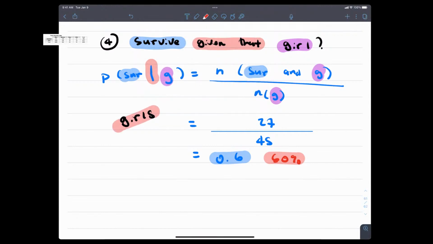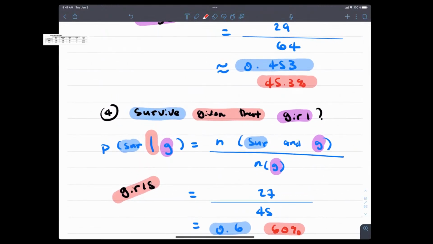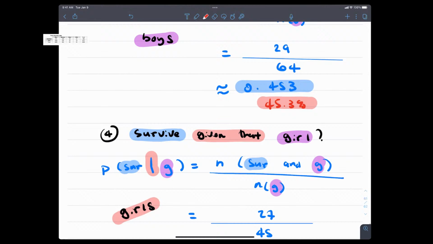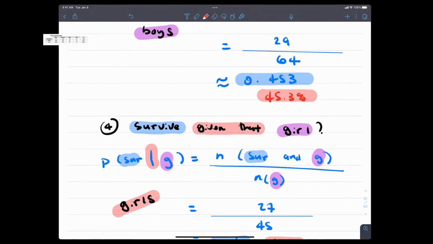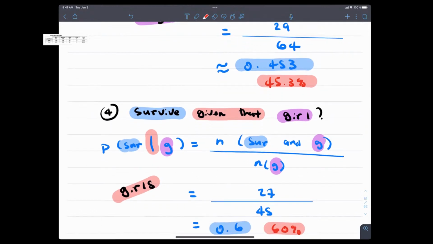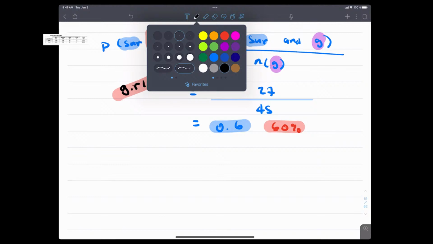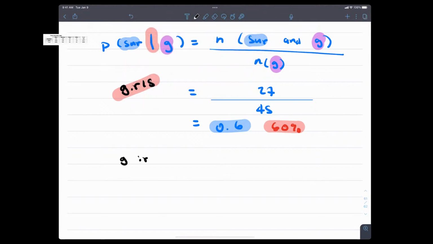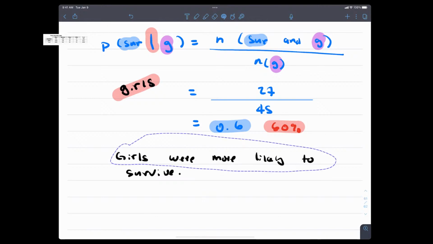So comparing that to the boys, which child was more likely to survive, girls or boys? So I'm going to put that statement down so you guys know. Girls were more likely to survive the Titanic. Okay, girls were more likely.